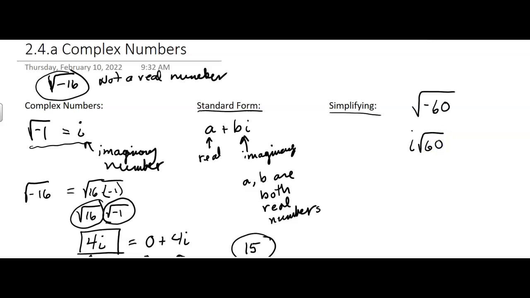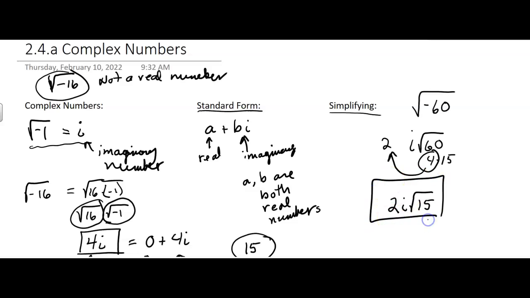Usually, if there's just a radical part like that, we put it after the i, okay? But in this case, 60 simplifies. It's 4 times 15. So you're going to take the square root of 4, which is 2. So I'm going to have 2i square root 15. That's how we would write it, okay?